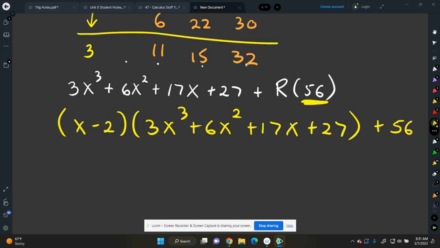Okay, so it's negative 7, that's your remainder, so you write plus R, parentheses, negative 7. Okay. That's the question. Yes.